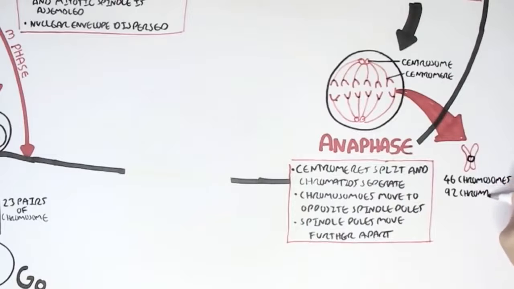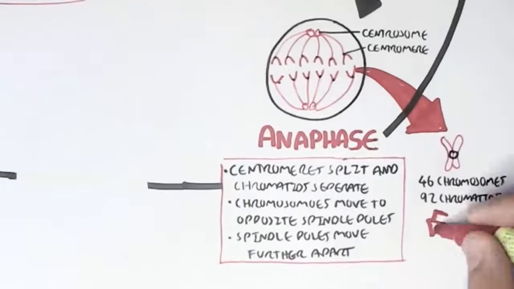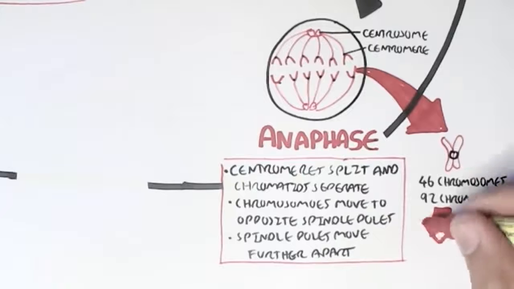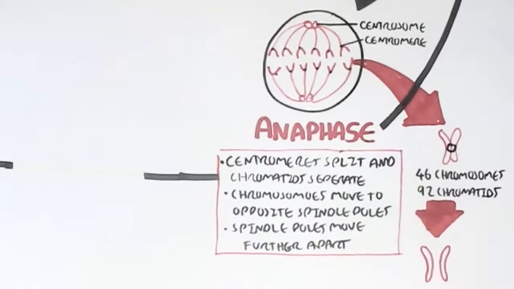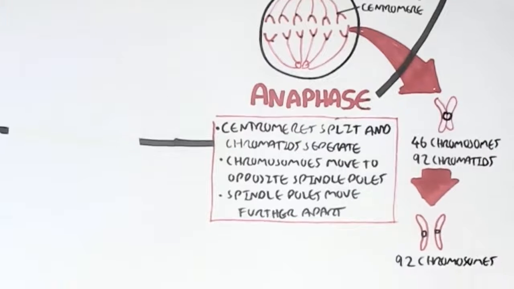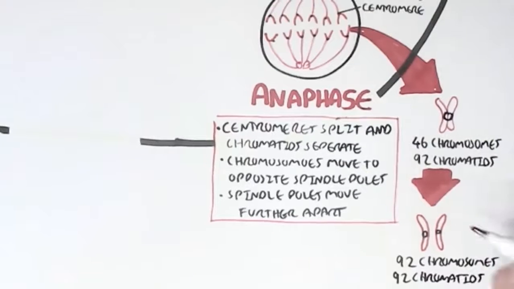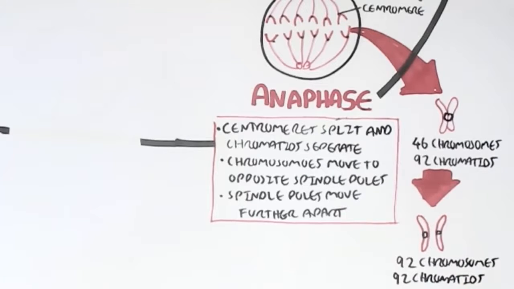During anaphase, the microtubules with the centrosomes will split this apart, forming 2 chromosomes, each with 1 chromatid. So therefore, in total, we would see 92 chromosomes and 92 chromatids in this cell. I hope this makes sense.